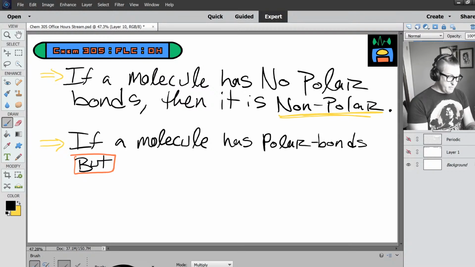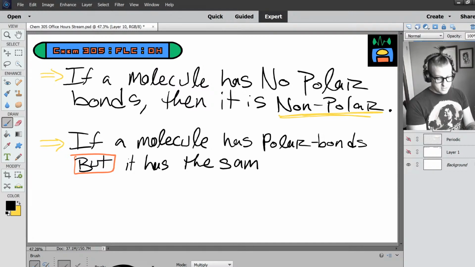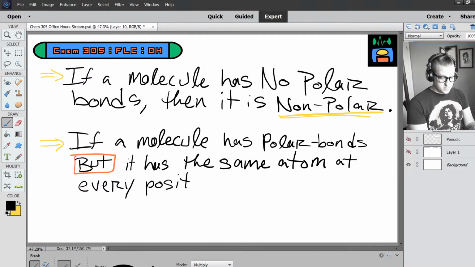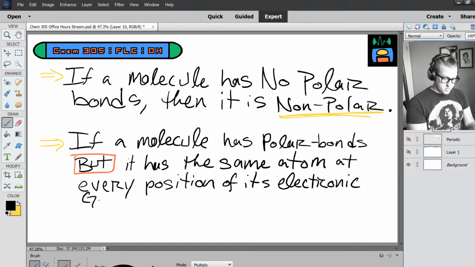If a molecule has polar bonds, but it has the same atom at every position of its electronic geometry, then it is nonpolar.